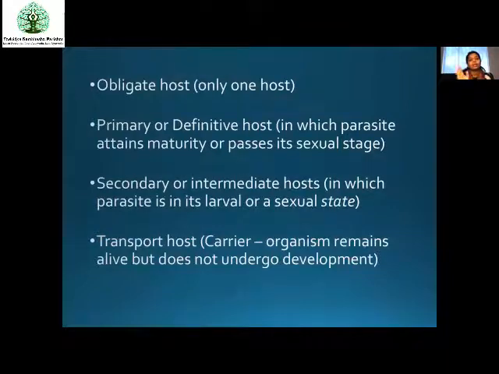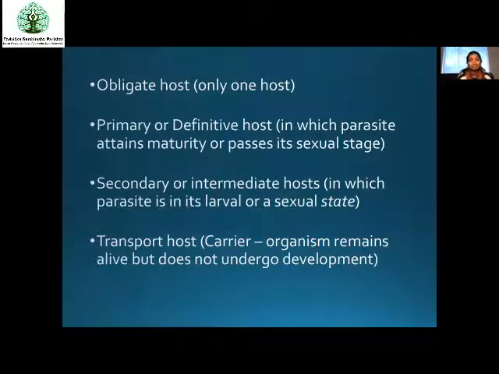So there are multiple hosts involved: primary, secondary, and transport. We might require a transport host or not. The female Anopheles mosquito, for example, for malaria, is a transport host as well as a primary or definitive host, where the sexual stage occurs, where the reproduction starts.